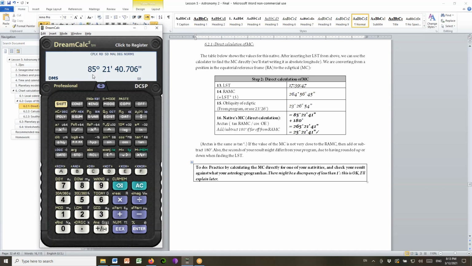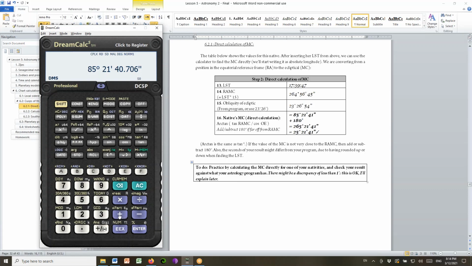Sometimes what the calculation does is it gives you a number on the opposite side of the zodiac. So if your answer, like this, 85 degrees, is way off from the right ascension of the midheaven, all you have to do is add or subtract 180, and that will be your answer. That will get you to the right side of the zodiac. So to get 85 closer to 264, we're going to add 180 degrees.